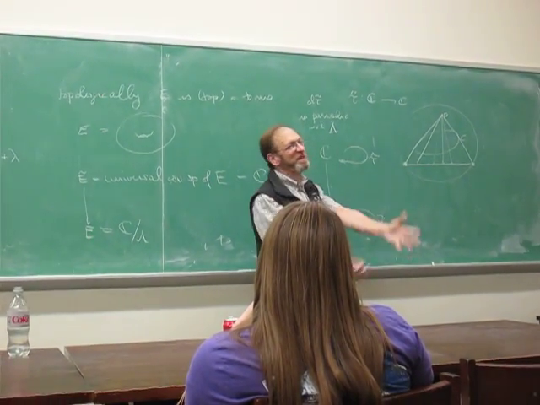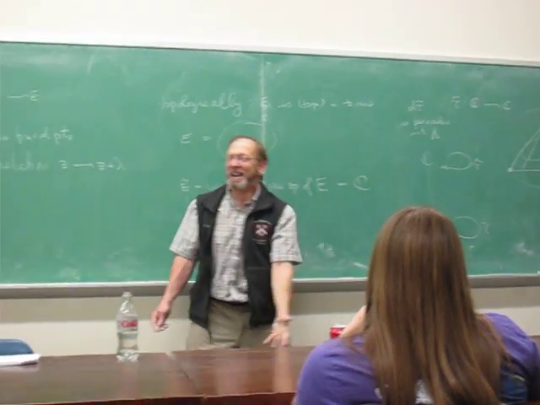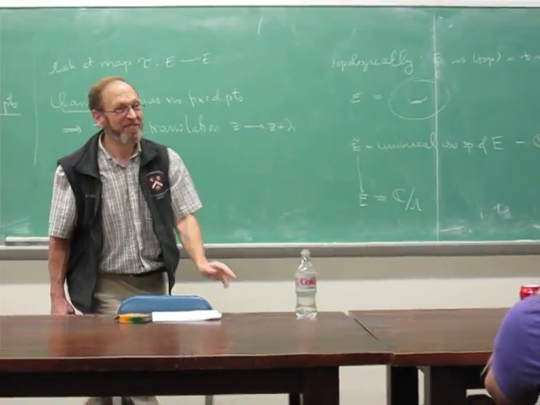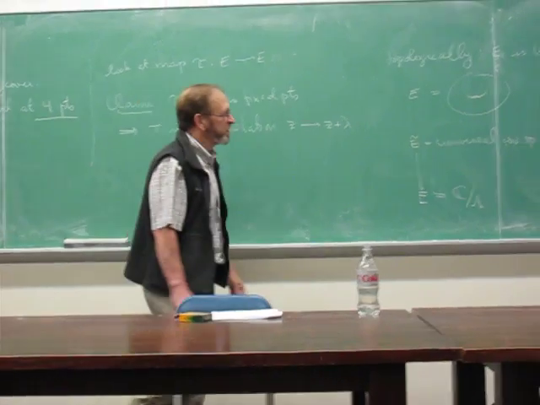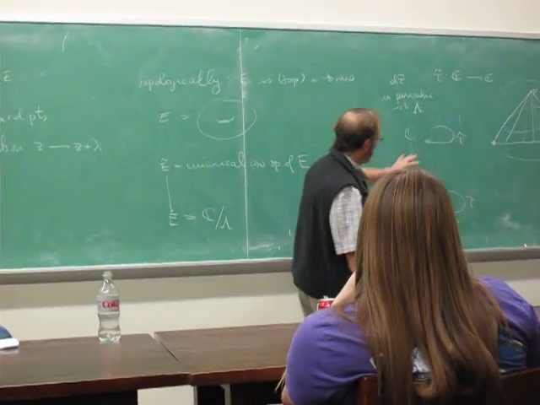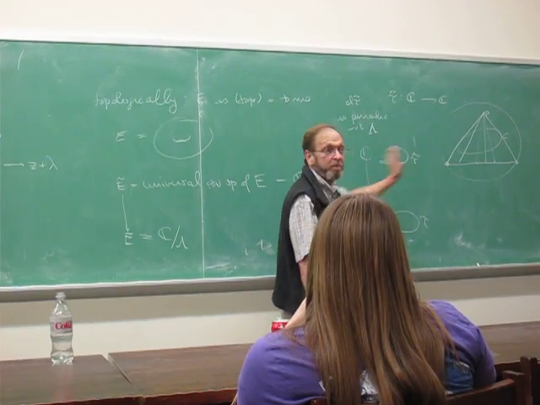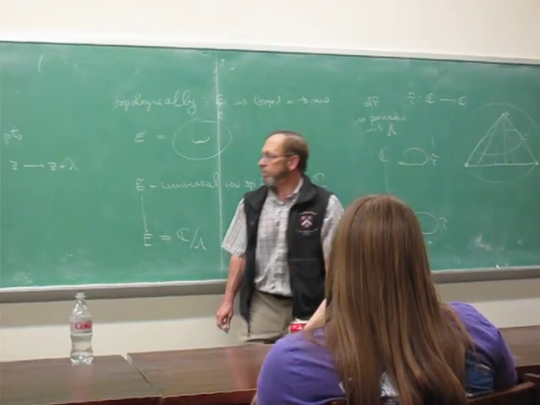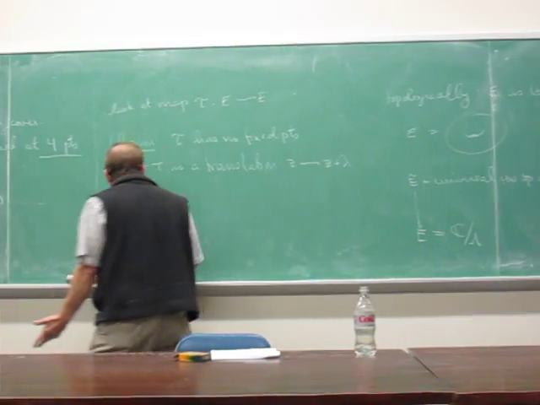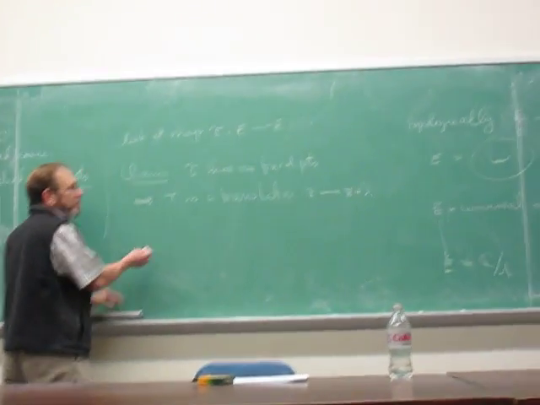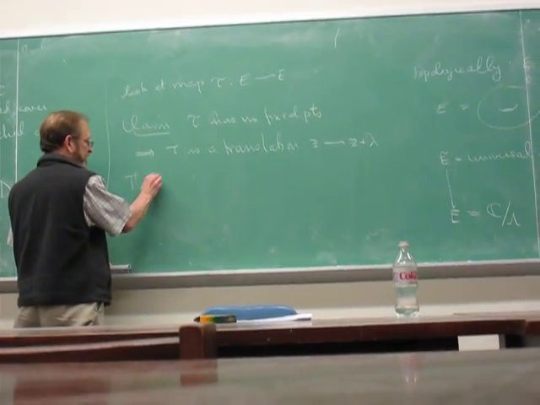And there's so many reasons why you can't have a bounded holomorphic function in the plane other than the constants. But in any case, the conclusion is that this is constant, and hence the map is simply a translation. And that concludes this proves Poncelet.